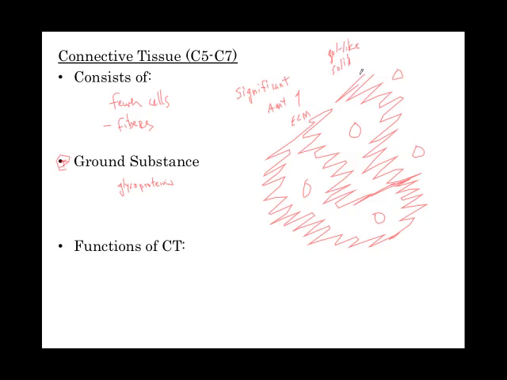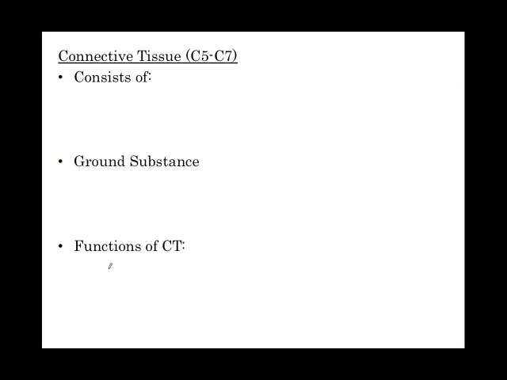Now, connective tissue has a variety of functions, and it depends on what the tissue is, but I'm just going to mention them briefly here. Those functions include binding of organs. Whether that means binding organs to other organs or keeping the tissues held together within the organ itself, that's what binding would be.